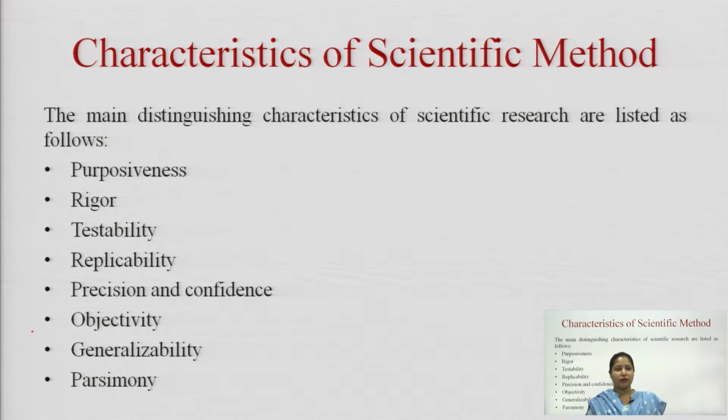The next characteristic is testability. Whatever data we have collected must be testable. The data must be in a form through which you can derive some result or analyze it.